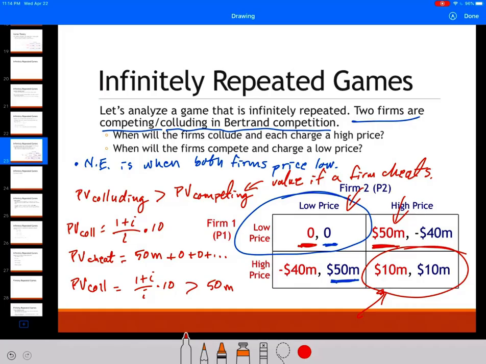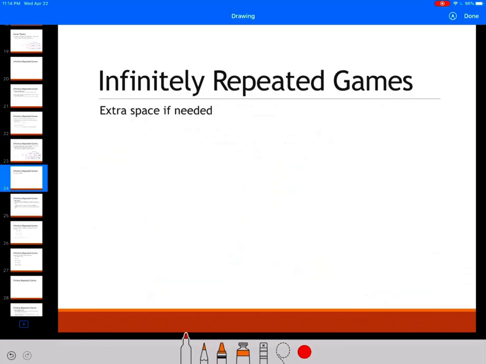So we have (1+i)/i times 10 is greater than 50 million, okay? So (1+i)/i times 10 greater than 50, okay? So let's divide by 10. This is (1+i)/i is greater than 5. Now let's multiply by i, greater than 5i.